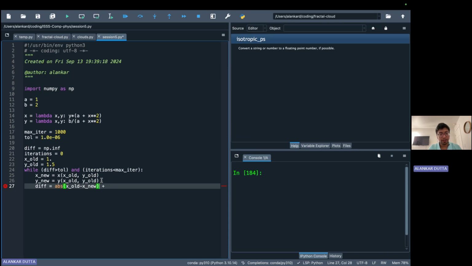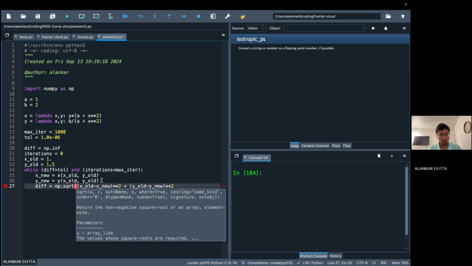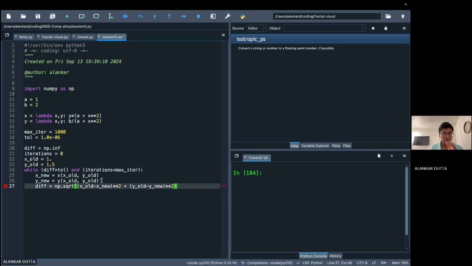Then let's add these two in quadrature, and similarly for y, let's not have the absolute thing in here, just doing this and putting this in a square root, right?